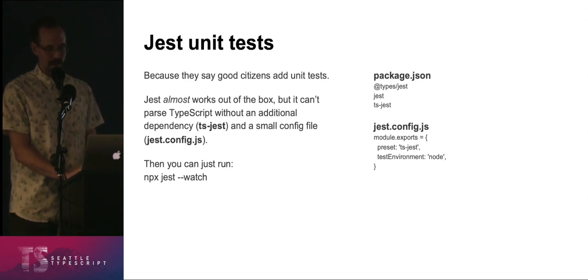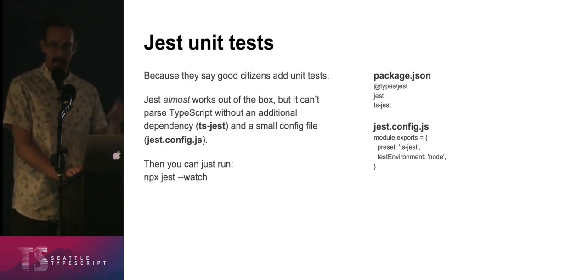So as long as you've added @types/jest, Jest itself, this ts-jest package, and then you throw in a jest.config.js file with a quick couple of lines, the ts-jest preset, test environment node, and then everything works. So it's really not that bad. Like all of these little things, they're not that bad.